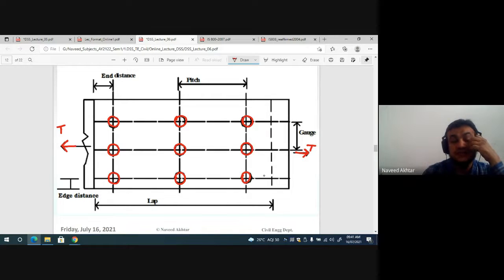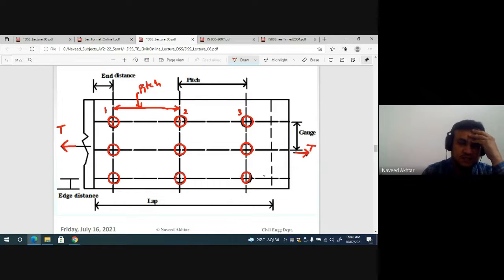If I take bolt one, bolt two, bolt three, the distance from bolt 1 to bolt 2, if I measure, this is called the pitch of bolt. Also 2 to 3 is the pitch of bolt.